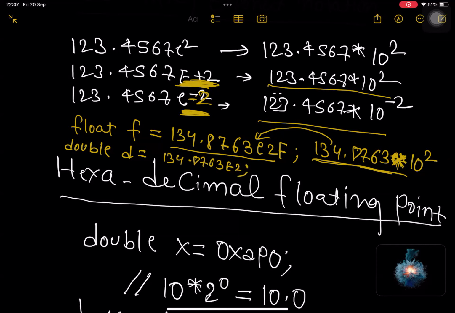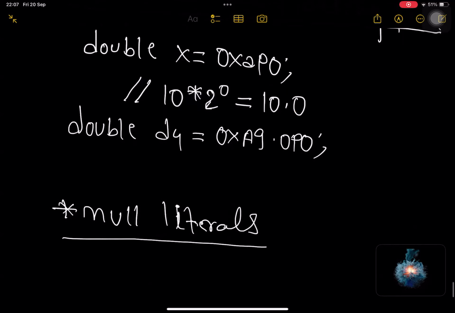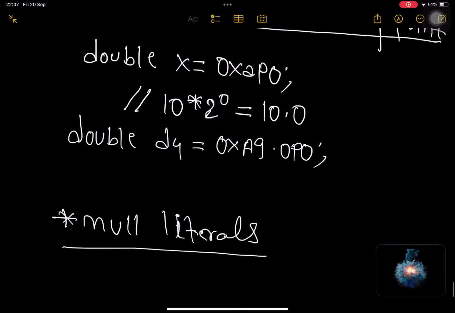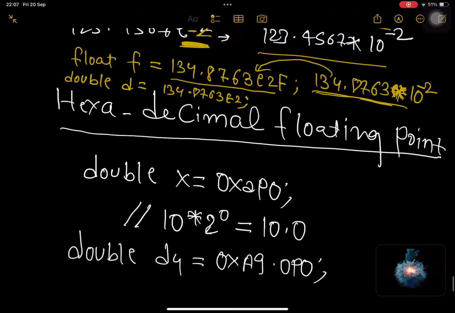Let's assume this value has a minus. So I will take a space here and later I will remove it.